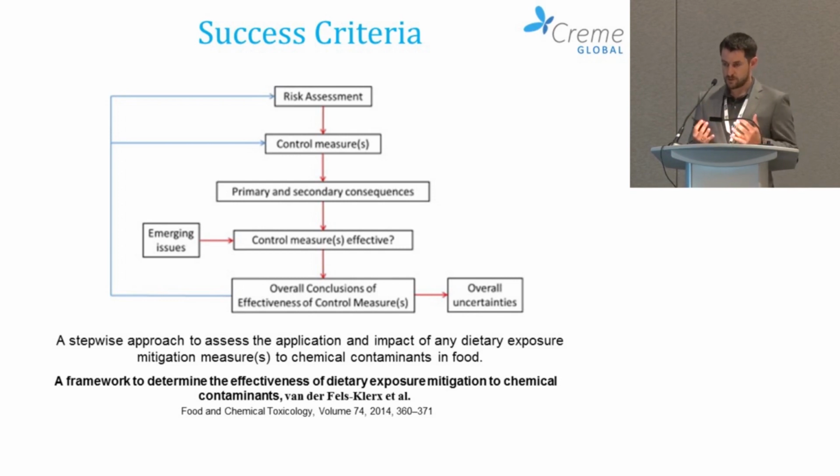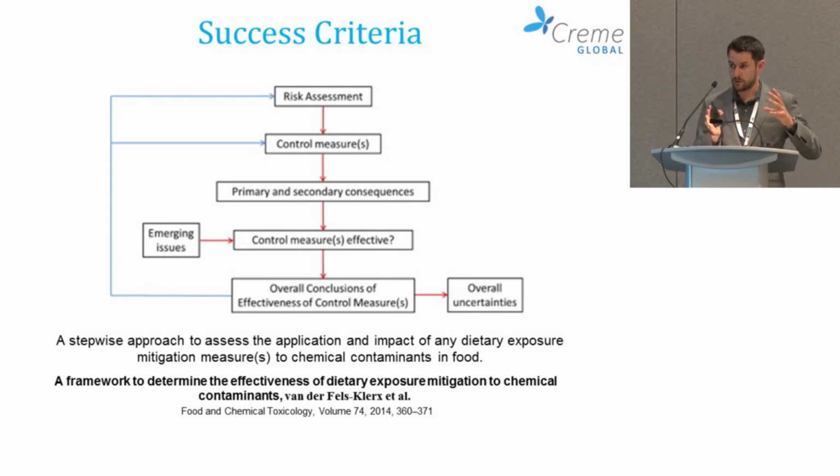Secondary consequences are also something you need to bear in mind. For example, I think DON can be present in cereals with a higher bran content. Introducing a maximum level might mean that the cereals on the market contain a lower bran content, therefore consumers have a lower dietary fiber in their diets, and that may have its own associated health consequences.